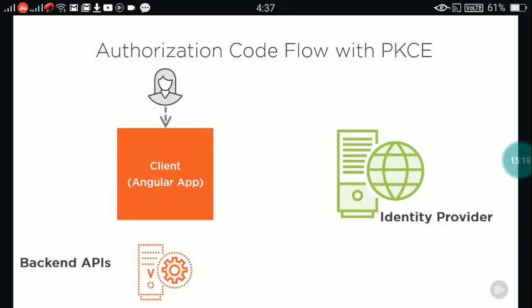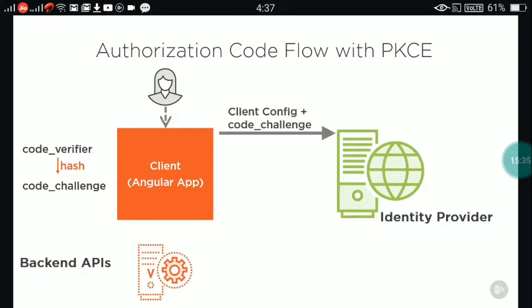The first thing that happens when using PKCE is that the client app generates a code verifier. It then uses a crypto algorithm to generate a hashed version of the code verifier, which is then called the code challenge. The client then needs to redirect to the STS's authority URL, passing the code challenge in that call.